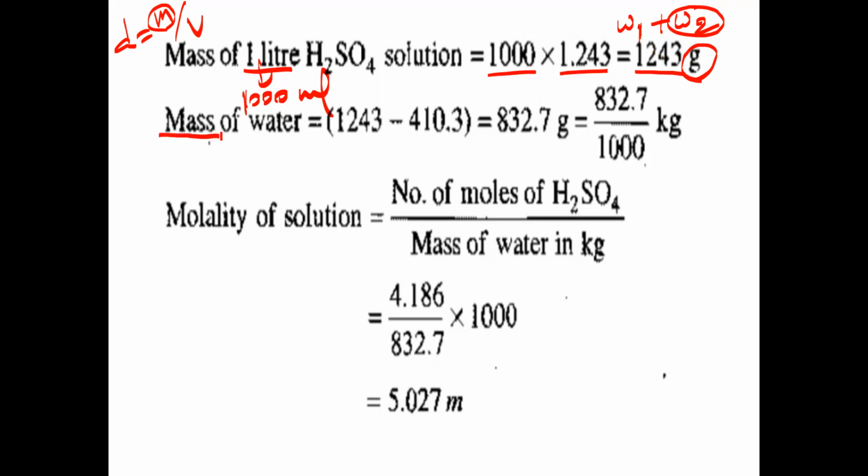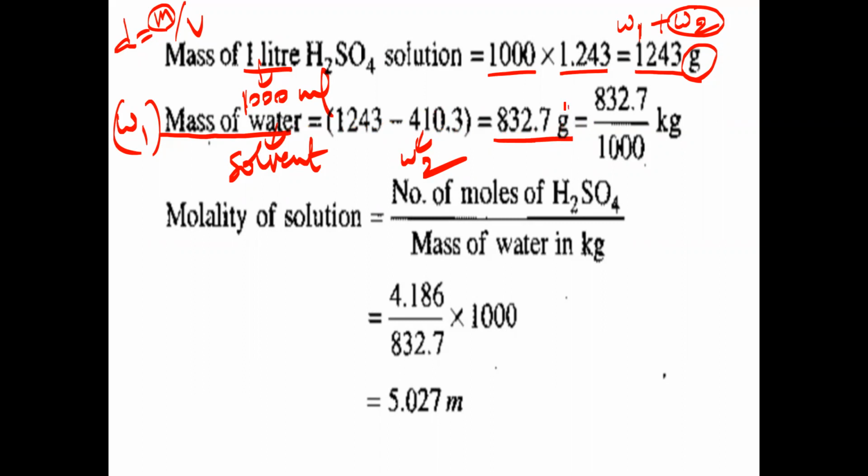Next, the mass of the water, the solvent, is W1. W1 is equal to mass of solution minus mass of solute, W2. W2 is the mass of solute, and this should be subtracted from the mass of solution to give the mass of solvent. Then we get 832.7 grams of water.